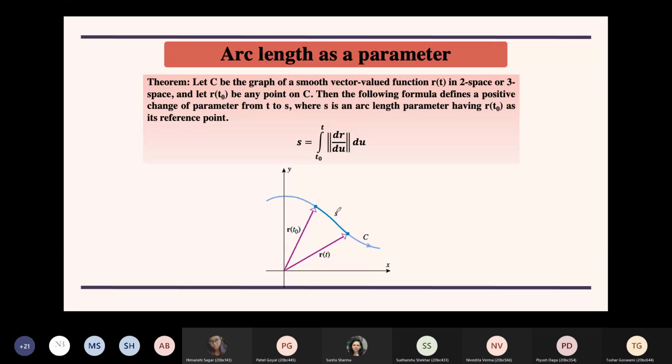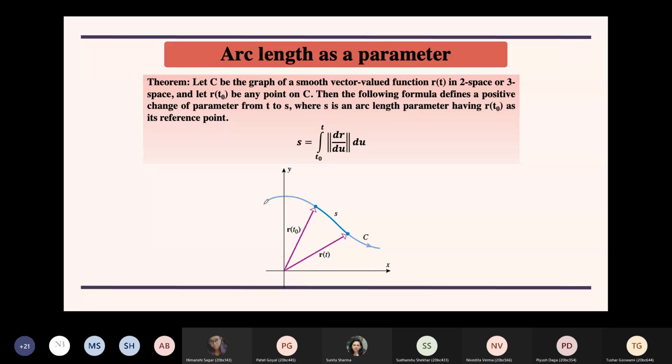So for the parameterization, when we decide the direction for s, you will see in the questions it is given that s has the same orientation as the curve, or s has the same direction as the curve. That means s is taking positive values when I'm moving in the same direction as my curve is oriented, and s will take negative values when I move in the other direction.